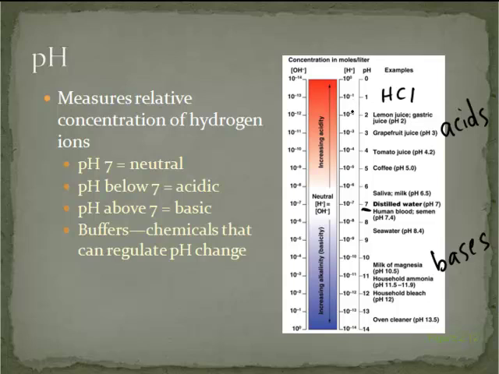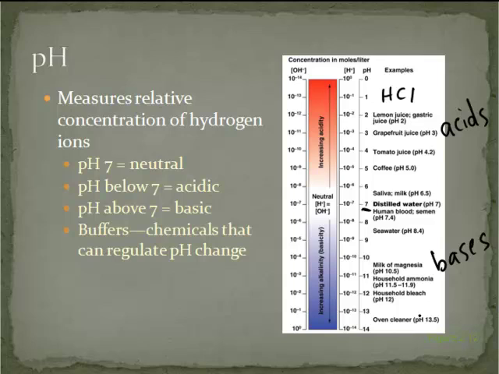So it's factors of 10 here. Same thing with the basic solution. So milk of magnesia, we have seawater. Also notice here we have household bleach. Household bleach is a base, and it's very basic. We often think of acids as being dangerous. Very strong bases can be just as dangerous as strong acids.